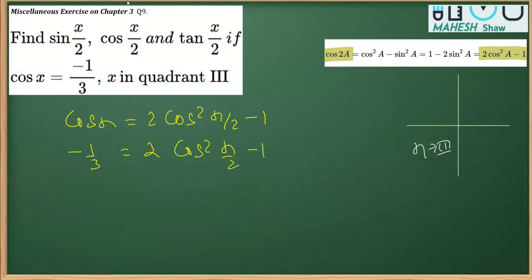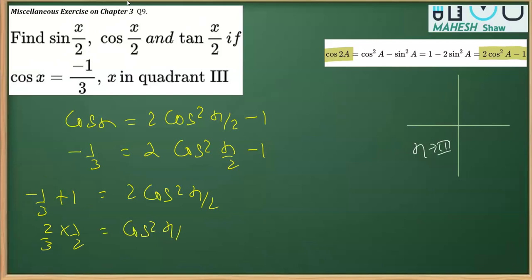Now we'll do more simplification. I'm transposing minus 1 to the other side, so it's minus 1 by 3 plus 1 is equal to 2 cos square x by 2. Simplifying this gives 2 by 3. Transposing the 2 to the other side, we get cos square x by 2 as 1 by 3.